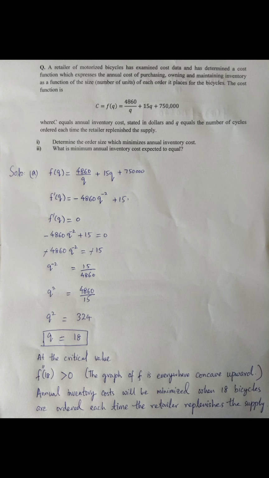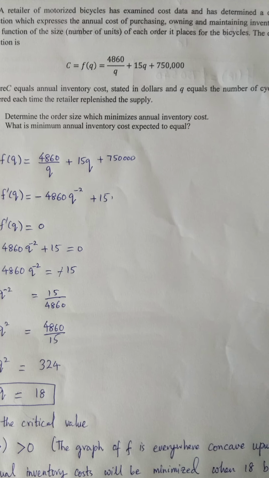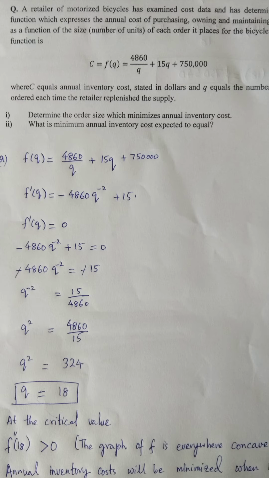And first question: a retailer of motorized bicycles has examined cost data and determined a cost function which expresses the annual cost of purchasing, owning and maintaining inventory as a function of the size, the number of units, of each order it places for the bicycles.